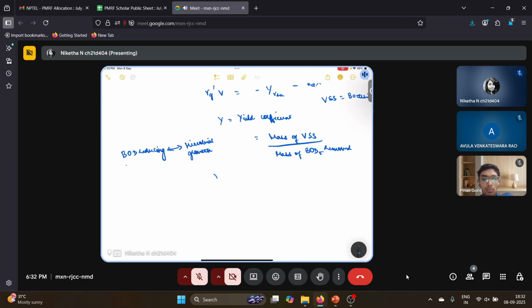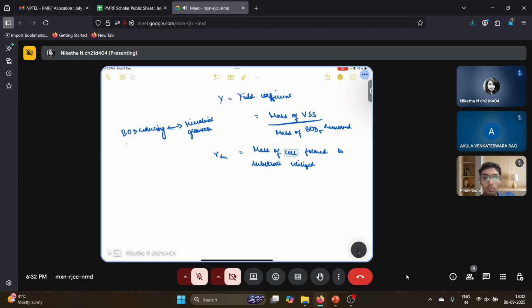And then there is RSU, which is the ratio of mass of cell formed to substrate utilized. Substrate is nothing but organic matter.